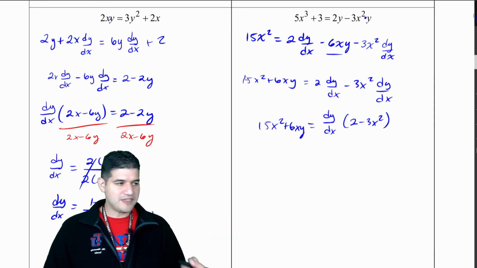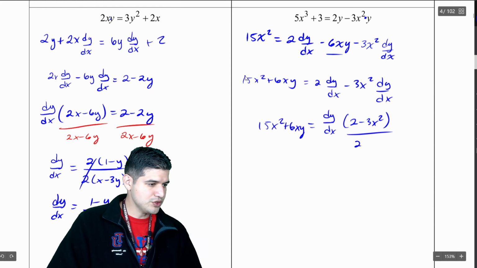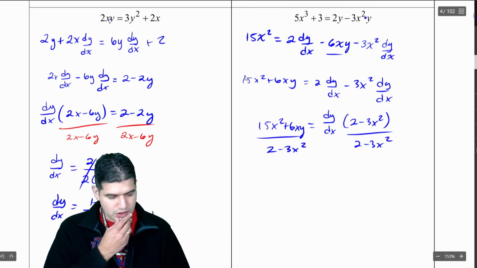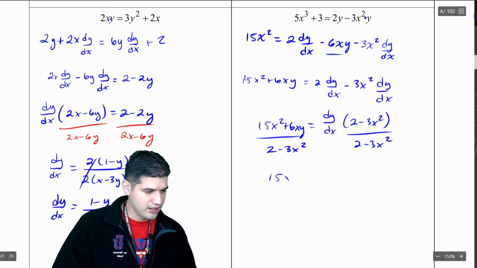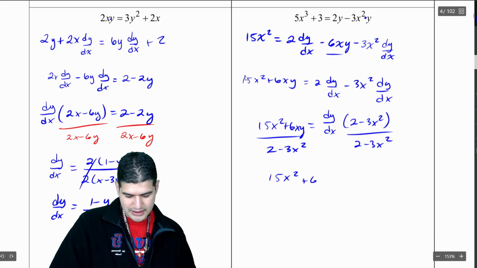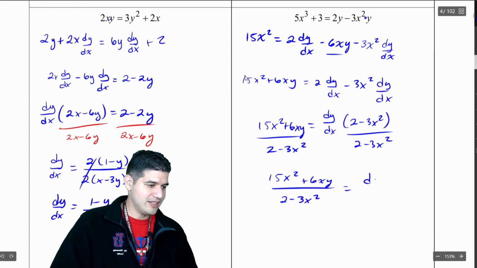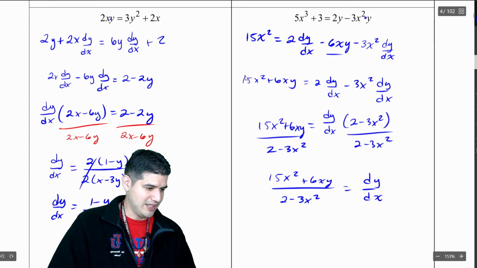And then I just divide that on over. 2 minus 3x squared. All right, this is looking really nice. So 15x squared plus 6xy over 2 minus 3x squared. That is going to be dy/dx.